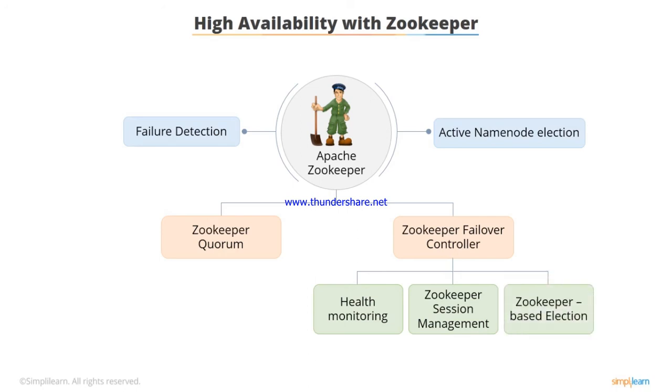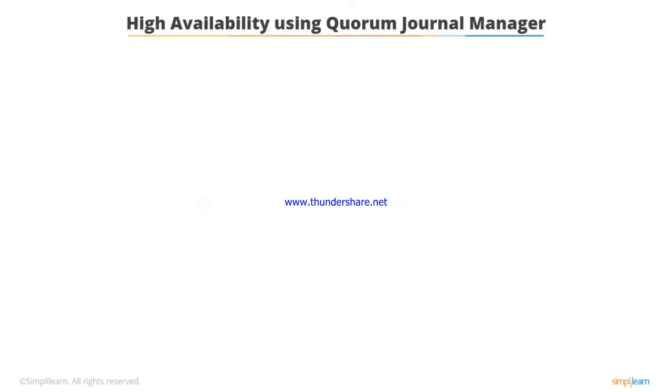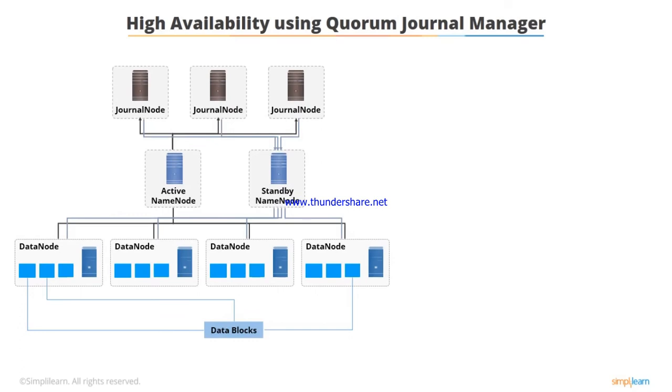If the local name node is healthy and no other node currently holds the lock znode, Zookeeper contests to take over the lock. If it successfully takes over the znode, then it becomes responsible for making a local name node active during a failover.